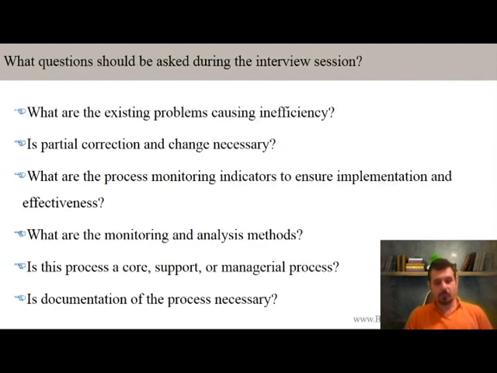Is this process a core process or a managerial process? Do you know about the categories of processes? I will record a video about that, don't worry. Is documentation of the process necessary? Think about that. Why? Probably we don't need it. Why do we need it?